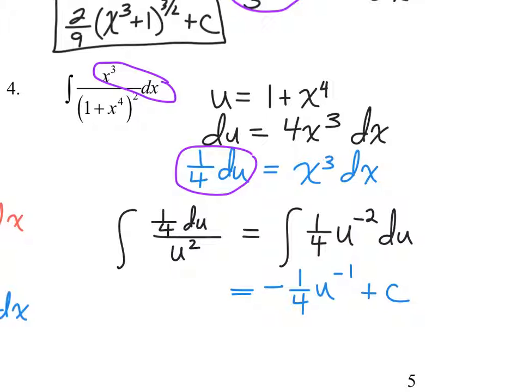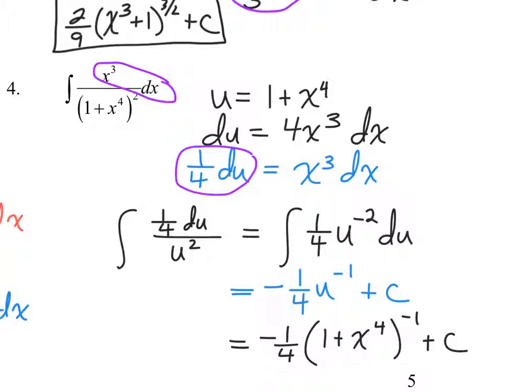And then it would be negative 4u to negative 1. If it's 4u squared on the bottom, when you bring the u squared up, it's only the u that's coming up. So the 4 would stay on the bottom. Okay. All right, so we're looking at negative 1/4 u to the negative first. So negative 1/4, 1 plus x to the 4th, to the negative first plus c.